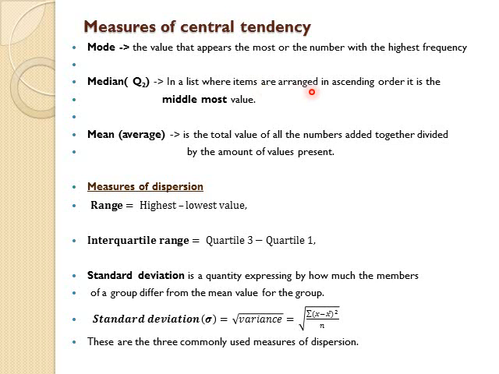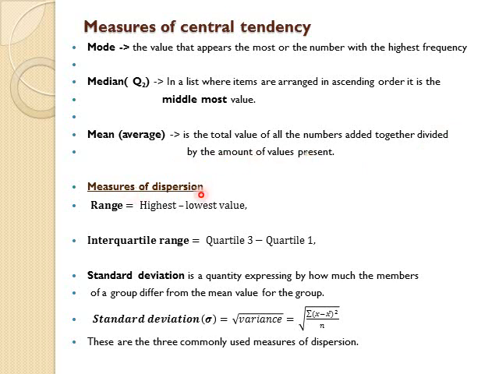So in a list where items are arranged in ascending order, it is the middlemost value. Then mean, or average: we count all the values given to us and we divide by the total number of values, to find the average of a class, for example. That's referred to as the mean. So it's the total value of all numbers added together divided by the amount of values present.